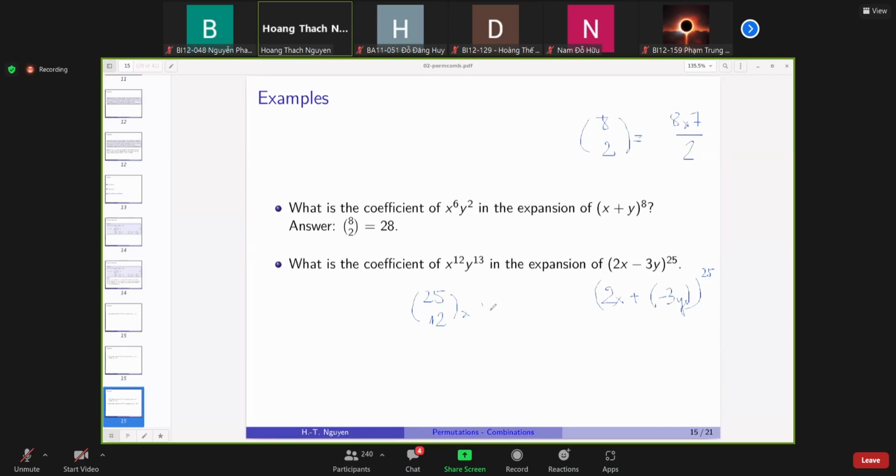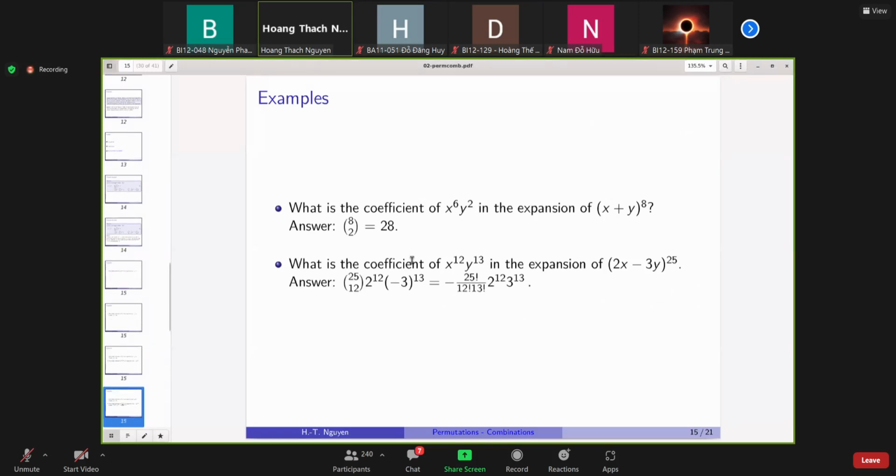You have 2 to the power 12 and 3 to the power 13, and a minus in front of it, because minus 3 to the power 13 is translated into this minus here. Very well. I see that it is very easy for many of you. So far so good. Okay, so this is the answer.